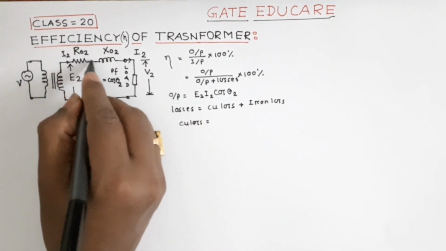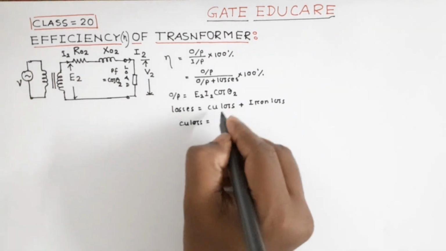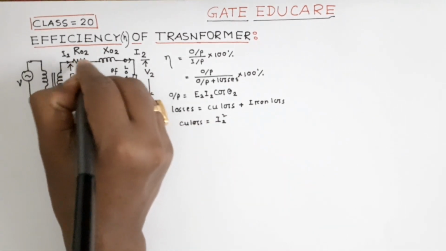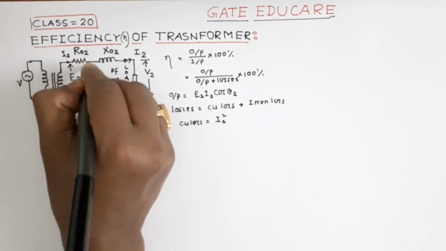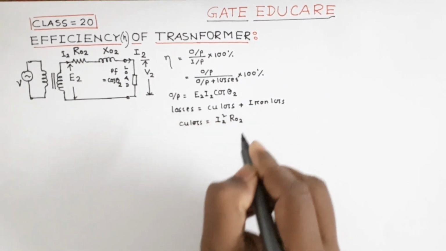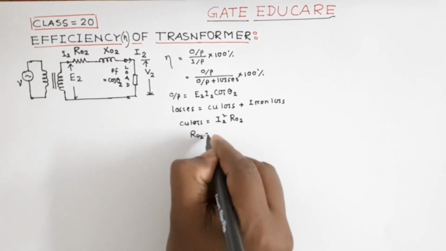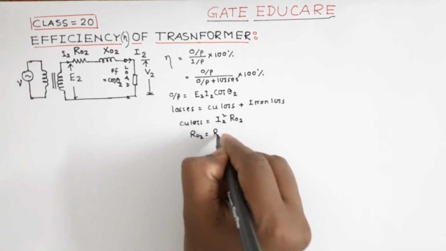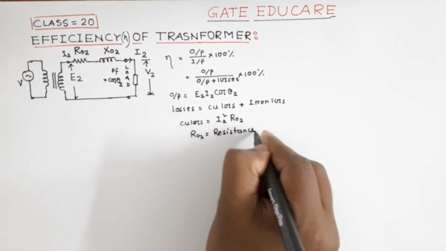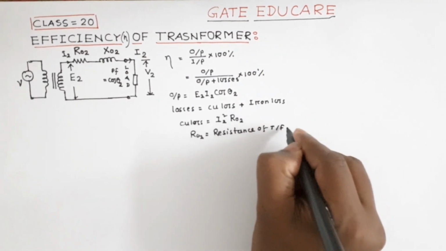The current through the load or secondary winding is I2, that means I2 square, multiplied by the resistance of the transformer, R02, where R02 is the resistance of the transformer with respect to the secondary.